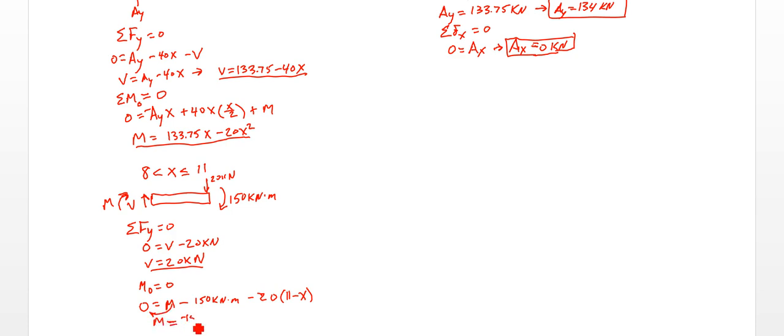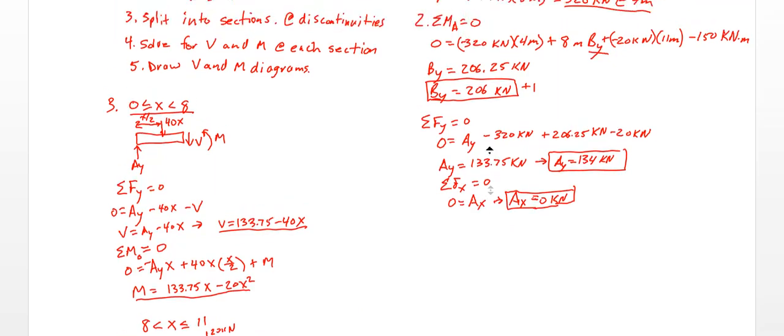So M equals negative 150 kilonewton meters minus 220 plus 20x. So that all goes to 20x minus 370 kilonewton meters equals M.